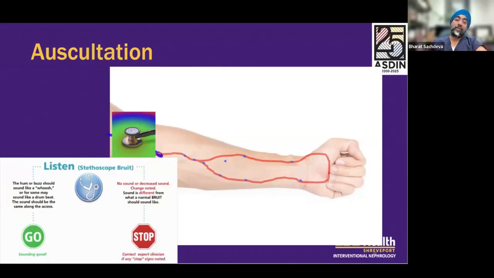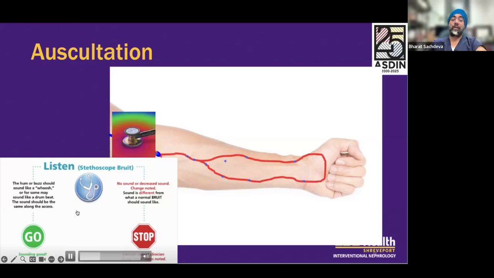Now, one of the things that we should be doing in every patient as we start the process of dialysis, or when we examine a patient with a problem, is really looking at what their access sounds like.